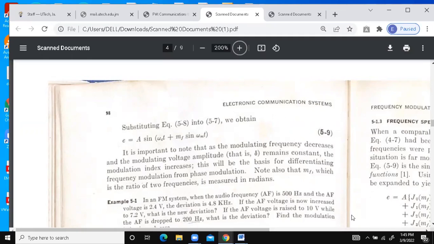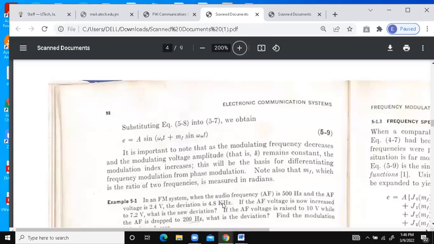So the first question they ask is that in an FM system, when the audio frequency is 500 hertz and the audio frequency voltage is this, the frequency is this, the voltage is this, and the deviation is this.